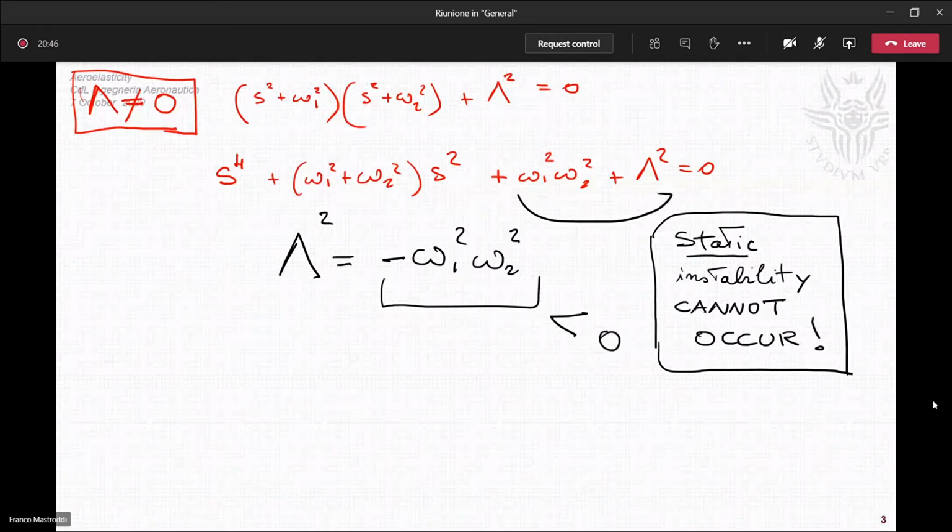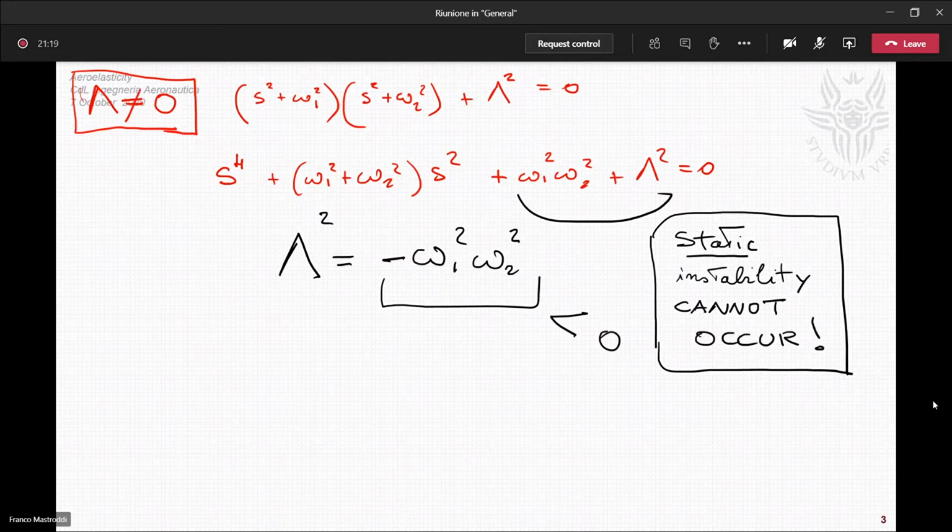And the first question I want to ask is the following: is the instability induced by the aerodynamics ever a static stability or not? Is there the possibility to have a static stability in this case? The answer is no. The static stability cannot occur.